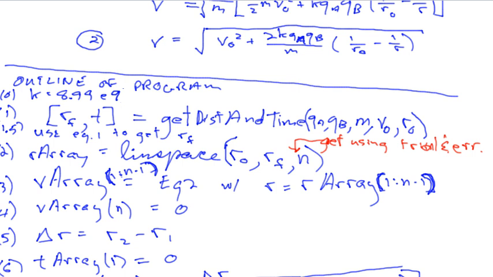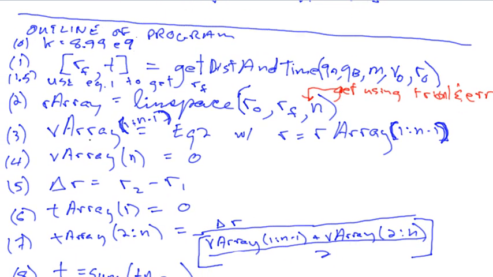Then I think I had to calculate the velocity. V array I'm going to get using equation 2 with R. Oh, I see. I was going to fill up V array all the way up to the next to last element using equation 2. And I can only use the first n-1 elements of R array.